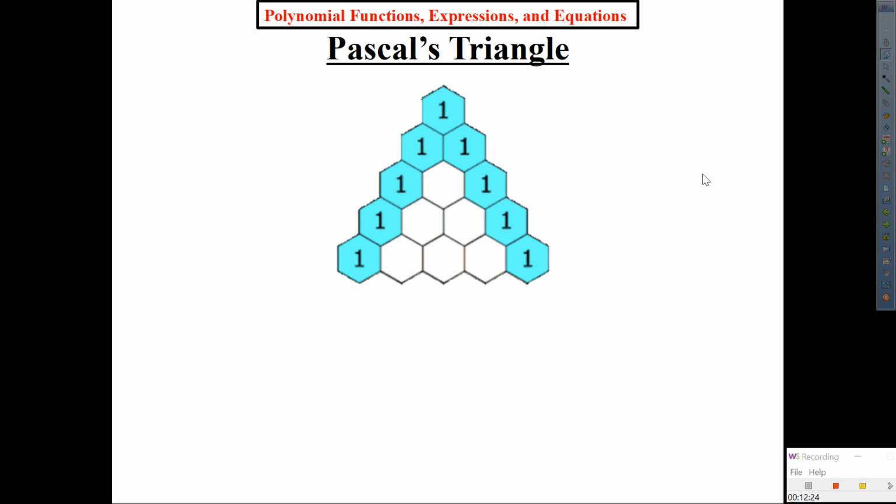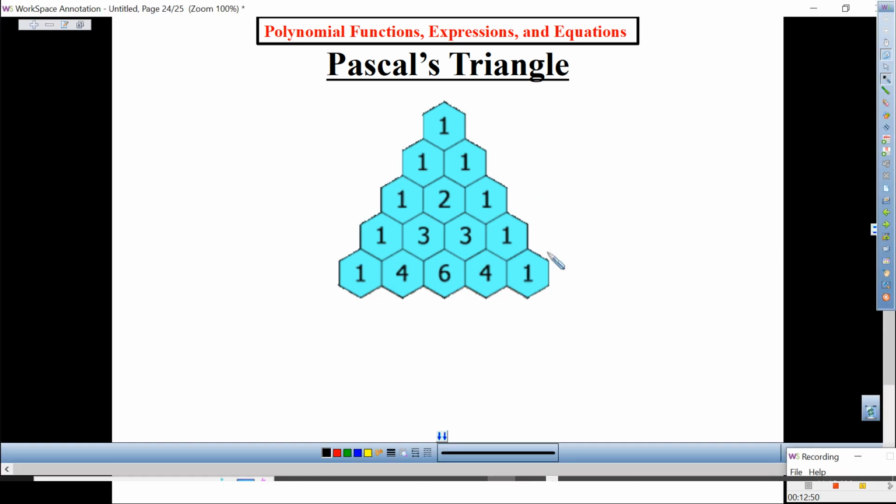Here goes the animation. Look up to the screen. Here it goes again. This is known as a Pascal triangle, and it continues to grow.